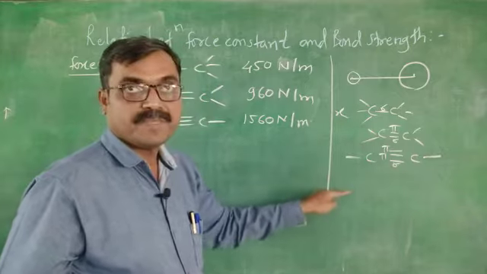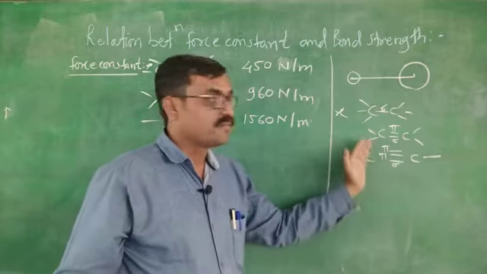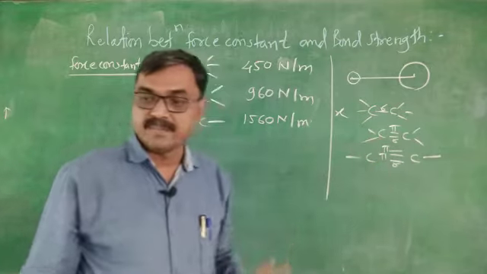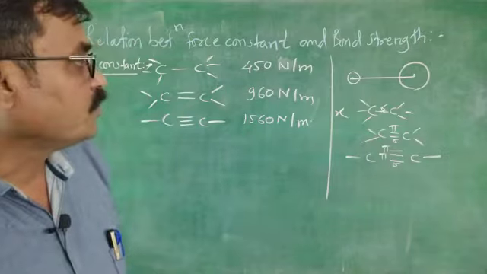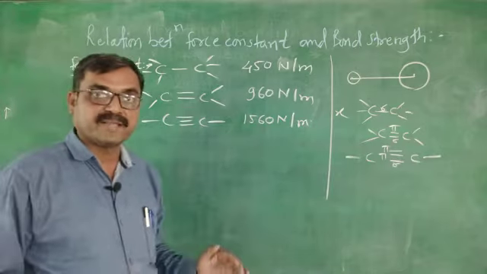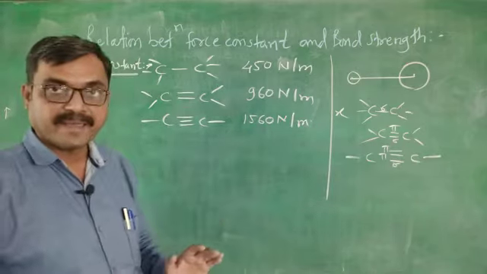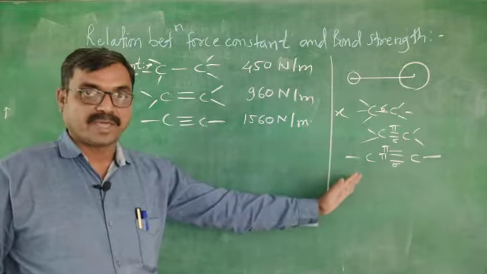In this way, you know the reason why the bond strength increases from single, double to triple, because the covalent bonds are there. Now one bond means sigma, two bonds means one sigma and one pi, three means one sigma and others are pi, and with unsaturation the bond strength increases.